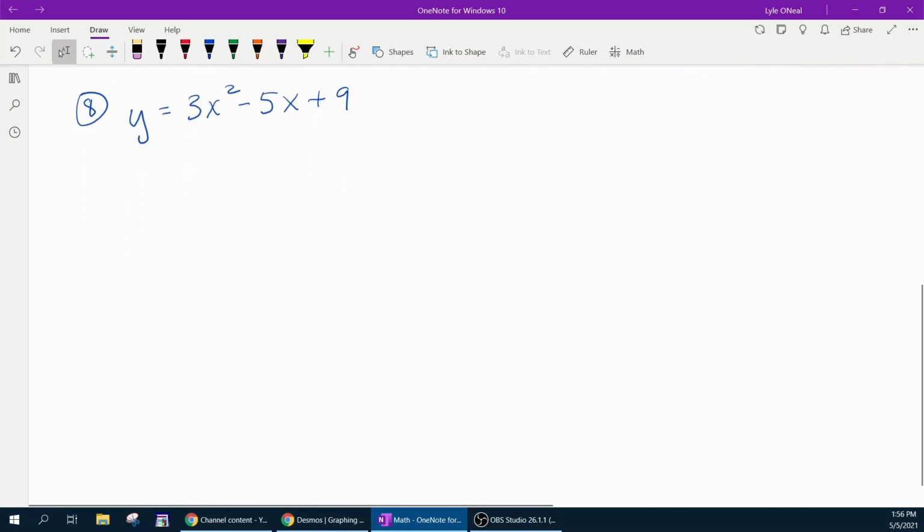The same holds true for an equation. If you want to find the inverse of an equation, every y turns into an x, every x turns into a y. So the inverse equation will be x equals 3y squared minus 5y plus 9.